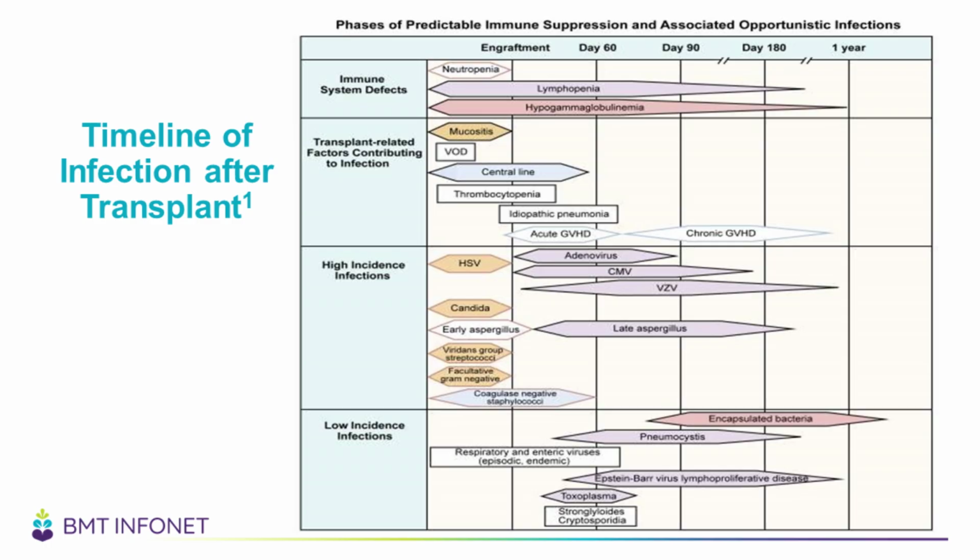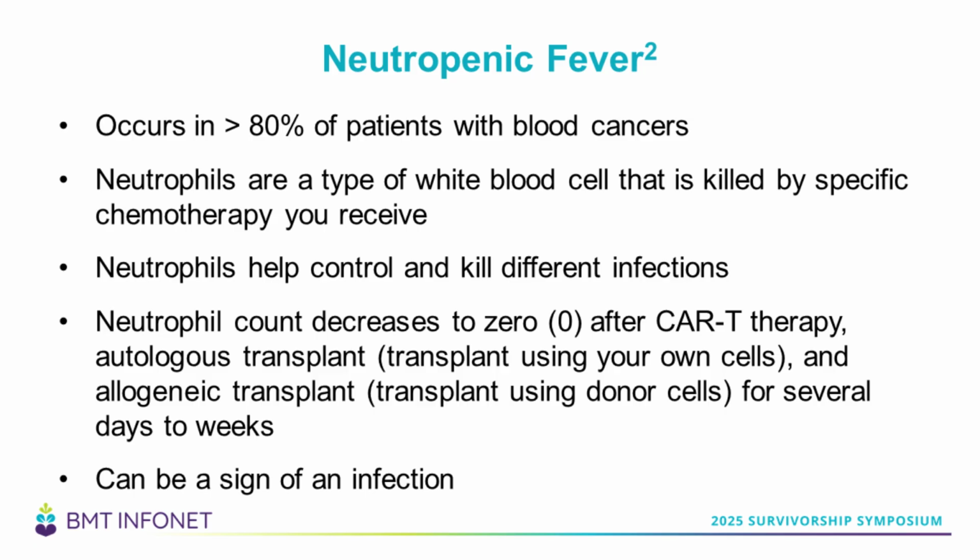And this figure is really focused on allogeneic transplant, where in the very top horizontal, there are time points after the transplant, and vertically, there are categories, including immune system deficits, factors related to the transplant, the types of infections, many of which we'll go over today, and then lower incidence infections that might occur.